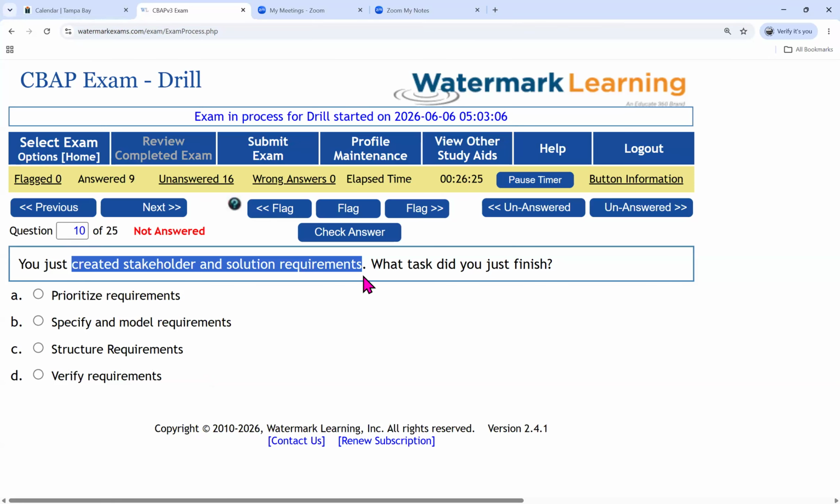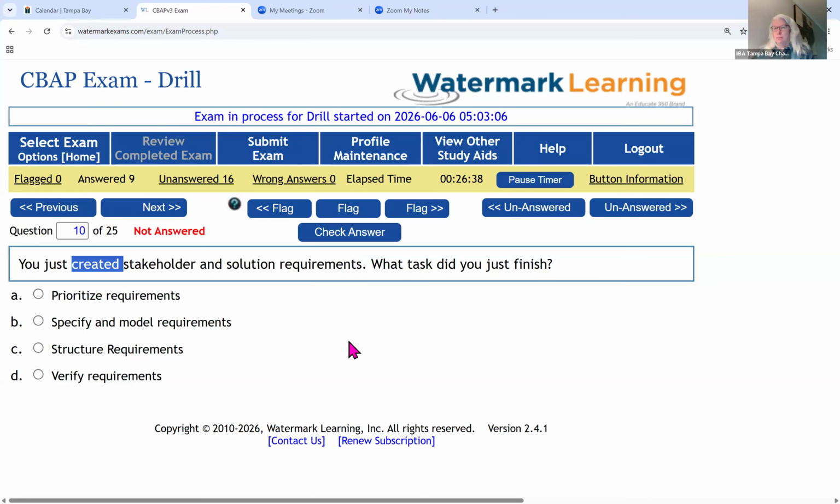In this case, the word created is another way to say write it down. I have to be honest, I'm confused with this question.